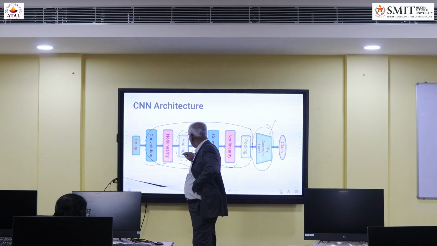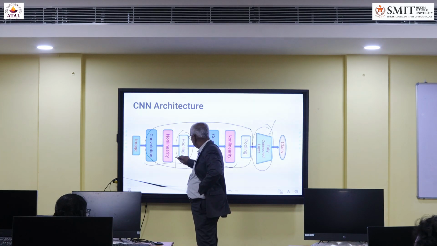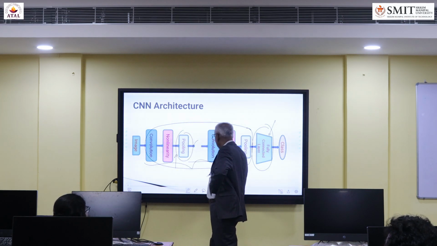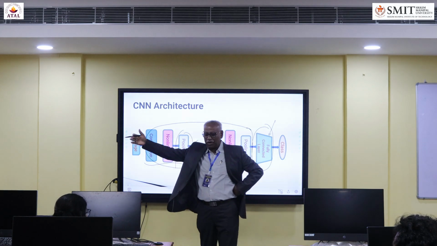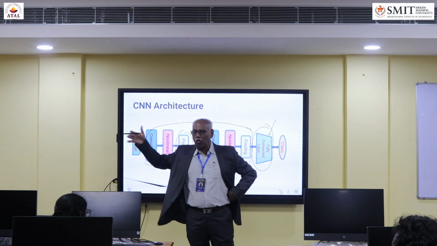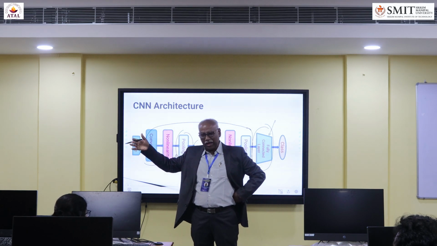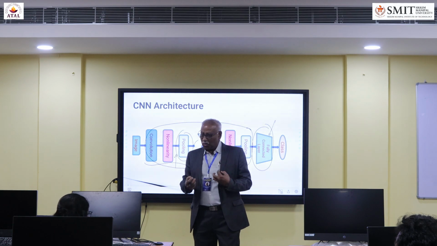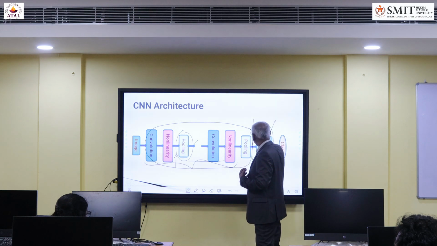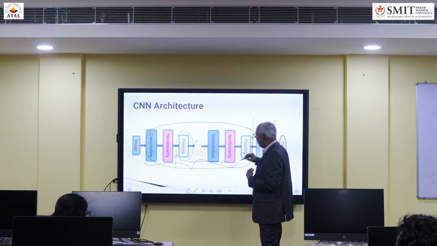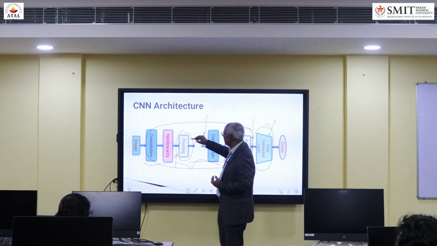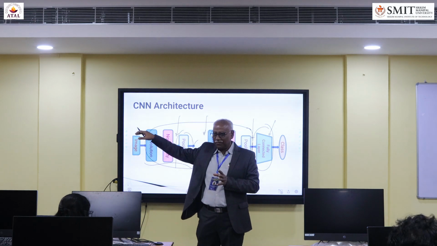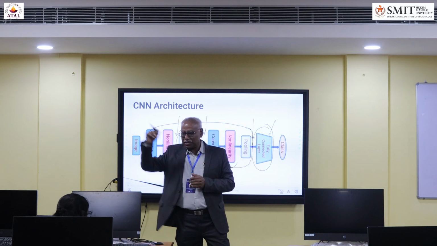So at this level, I get features at the highest resolution. As I move towards the end of the network, I get features at lower resolutions. Depending upon how you use these features, whether I use features only at the last layer for classification, or I use combinations of the features at different layers for classification purposes, I have different architectures.